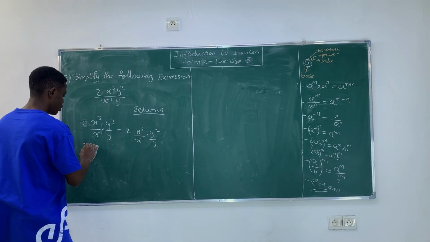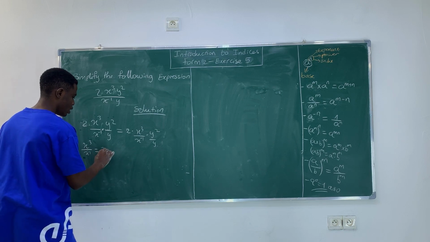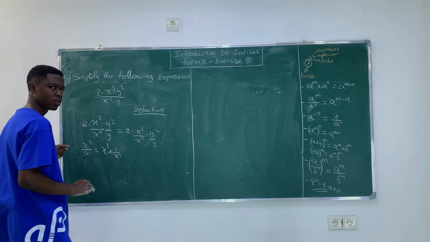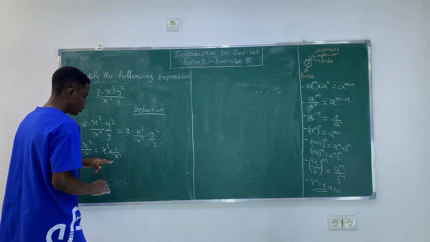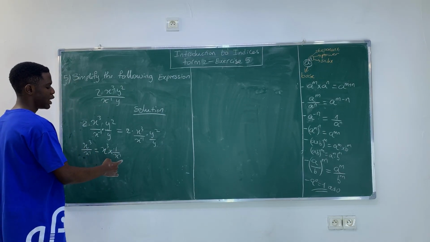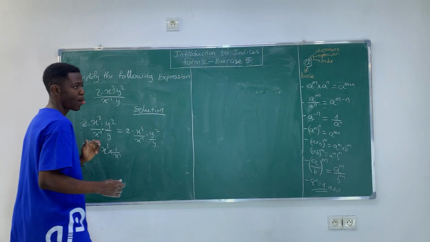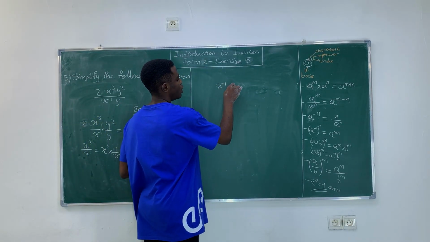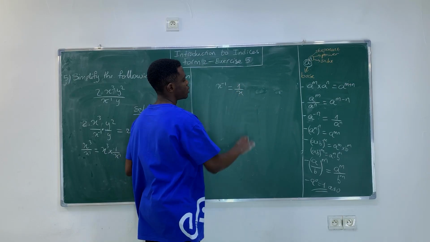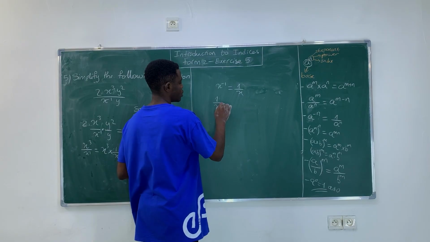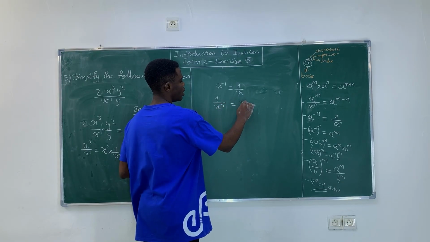Now x cubed over x to the minus 1 is equal to what? x cubed times 1 over x to the minus 1. Since I have 1 over x to the minus 1, it is the same as x only. Because if I have x to the minus 1, it will be the same as 1 over x.